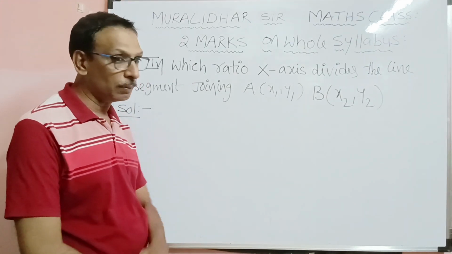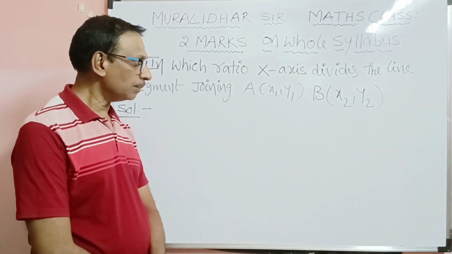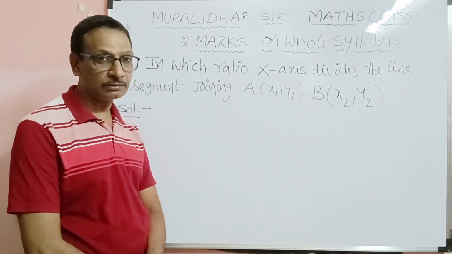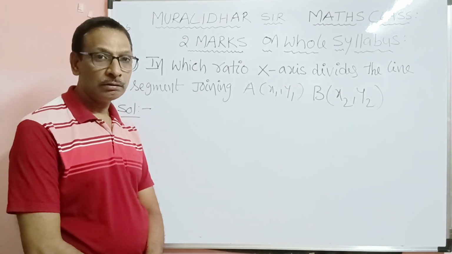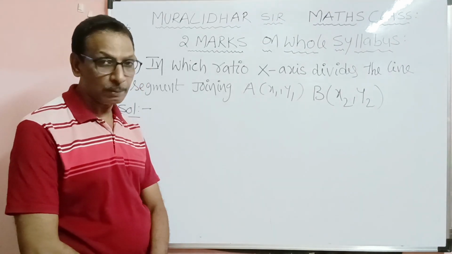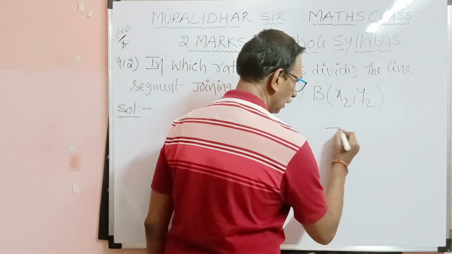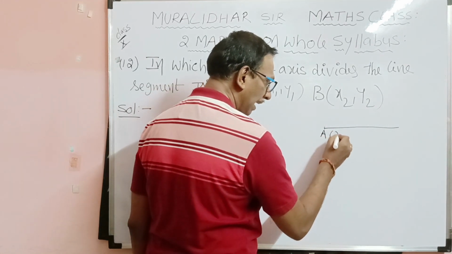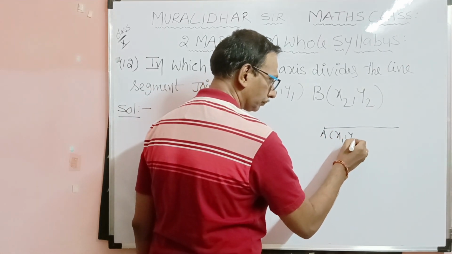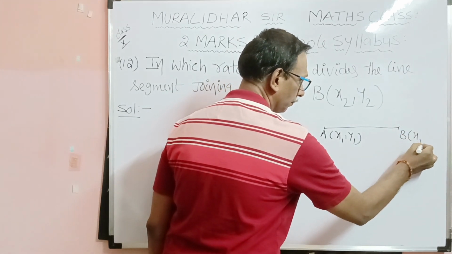For this type of problems, we maintain some suitable steps, and with the help of the section formula we are solving this problem. First you draw a line segment A(x1, y1), B(x2, y2).